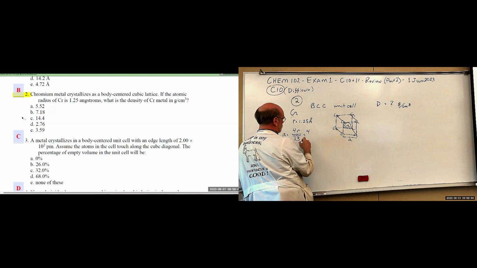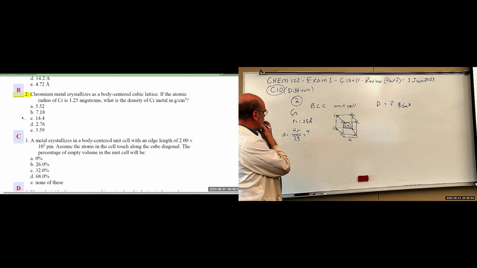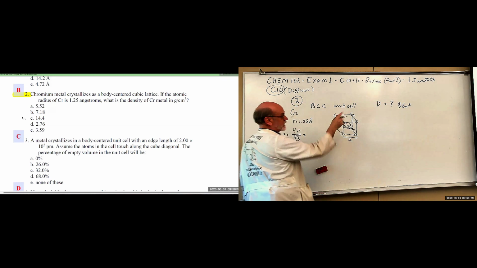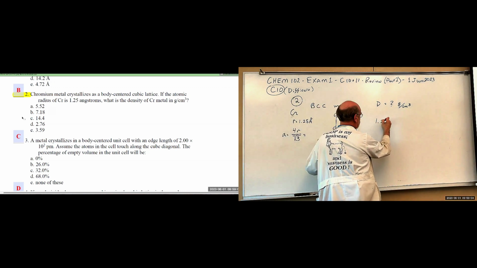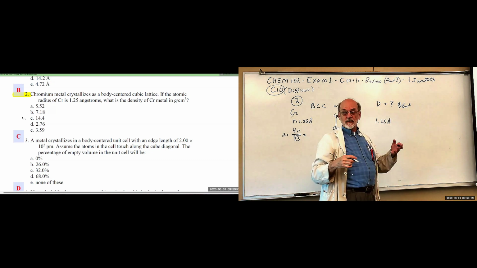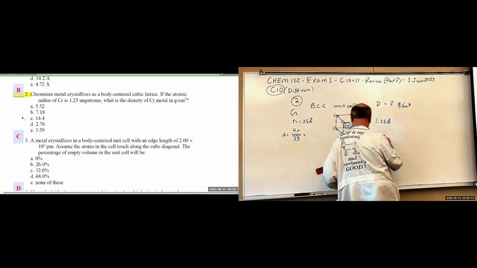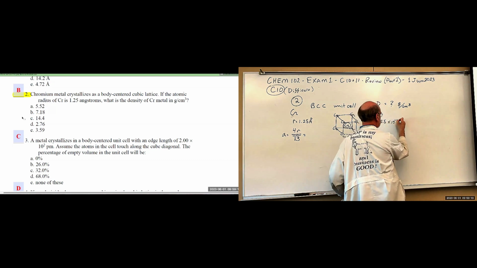So it's going to be 4. Let's see, we want to go ahead and put that in centimeters. Yeah, let's convert R to centimeters first, because we're going to need cubic centimeters anyway. So if R is 1.25 angstroms, then in meters, it would be that times 10 to the minus 10 meters.